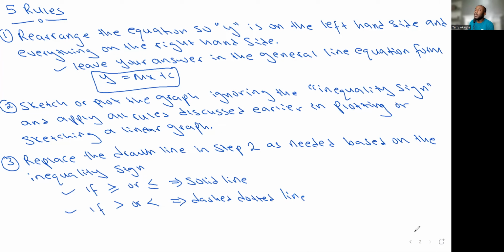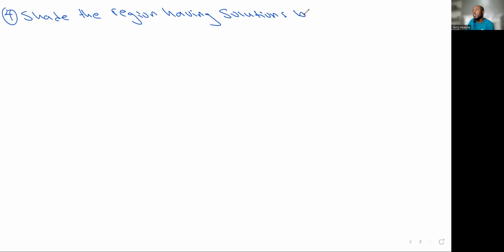So when you're done with that, the next step, number 4, is that you have to shade the region that satisfies the inequality, or the region having the solutions, based on the inequality sign.